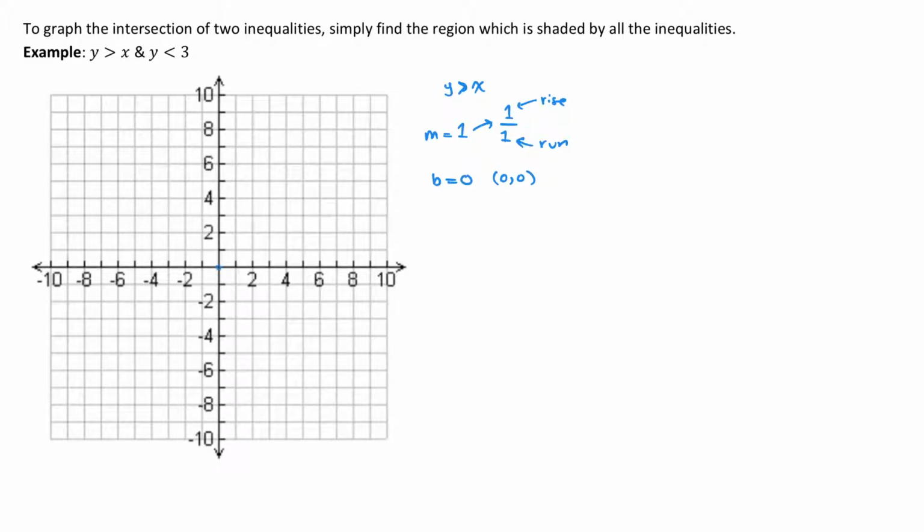So we start at 0, 0, we go up by 1, which is our rise, and we go right by 1, which is our run. And I will put a few dots over here, just indicating that. And then we will have to figure out if we're drawing this as a solid line or a dashed line. Since it's just larger and it's not equal to, we are going to use dashed lines, so it will look like this.